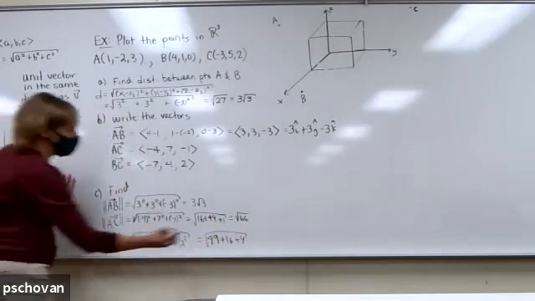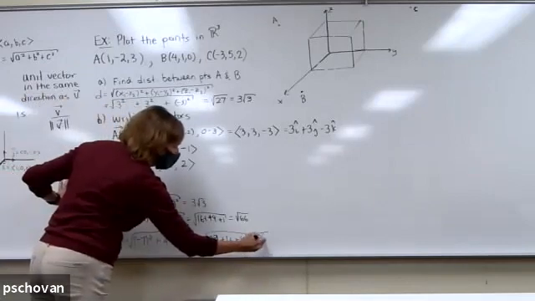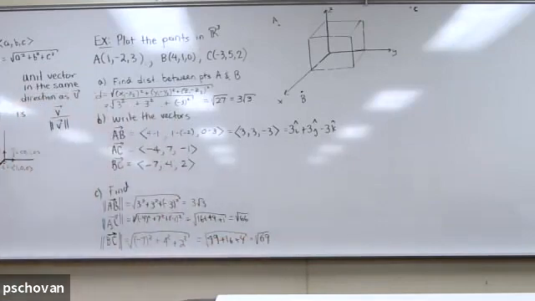So 20 plus 49 is the square root of 69. You okay with my numbers? So the distance formula is the same as the magnitude.